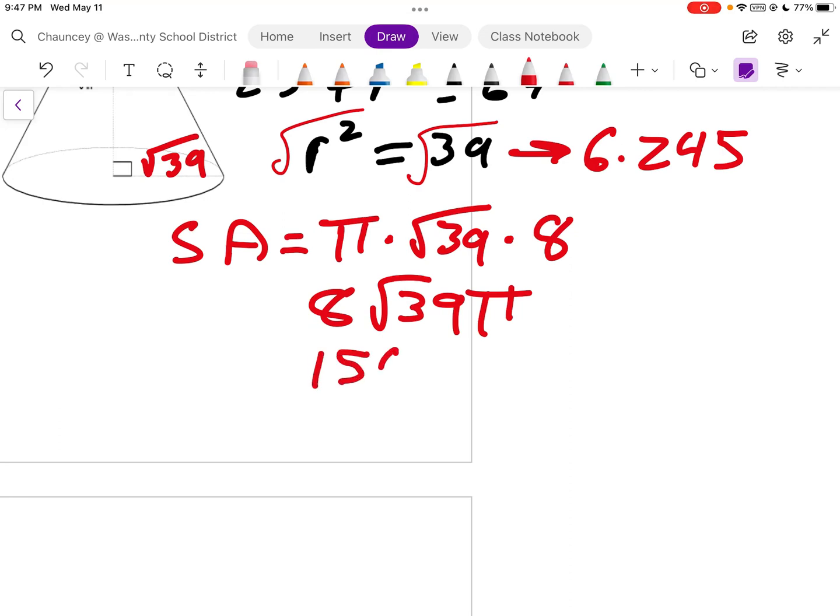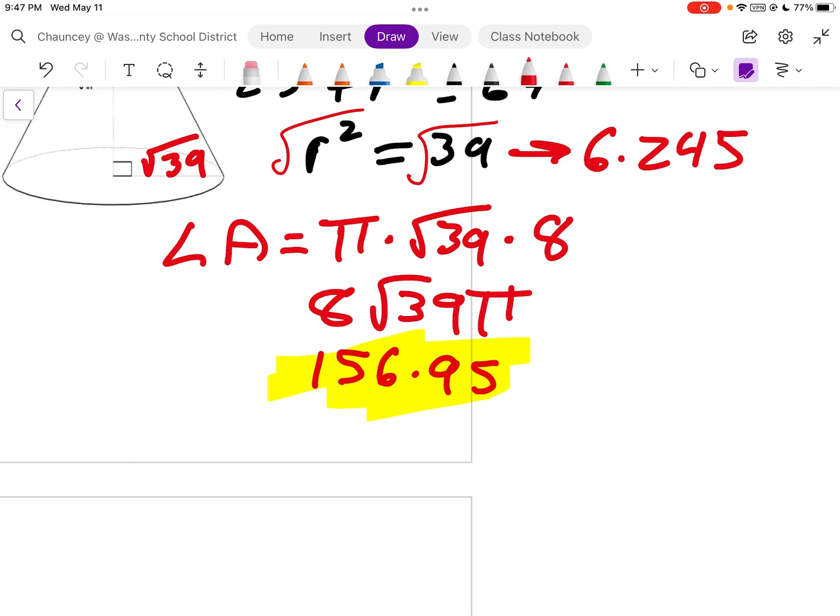So there's your, I said surface area, I meant lateral area. So you get 156.95.